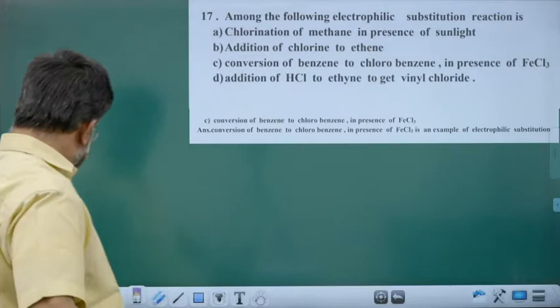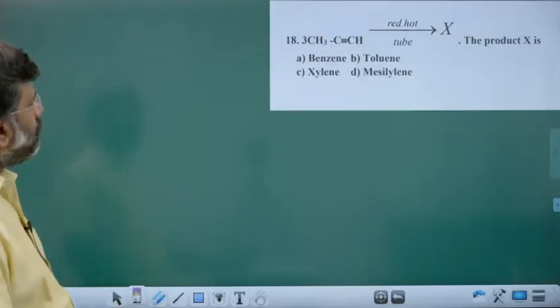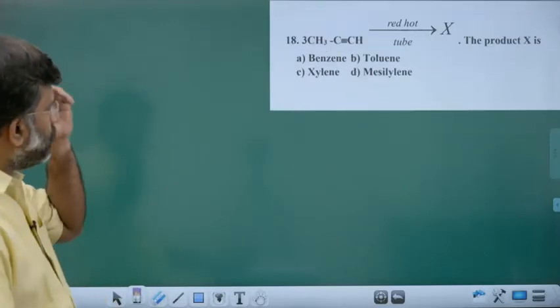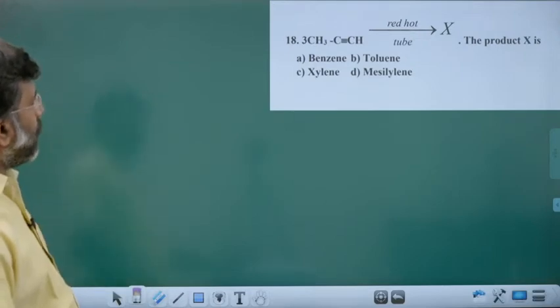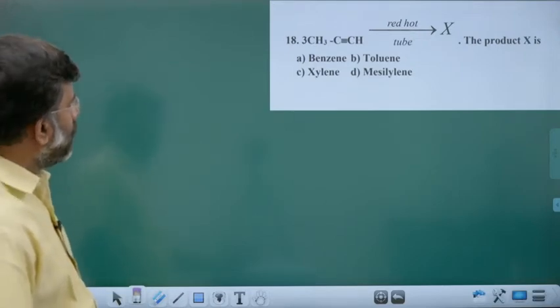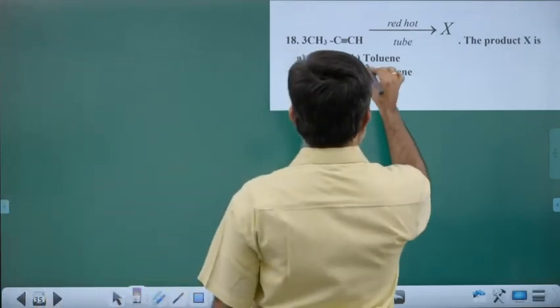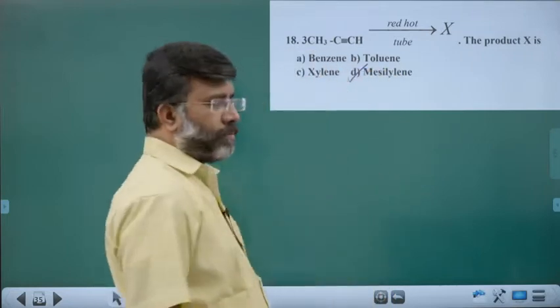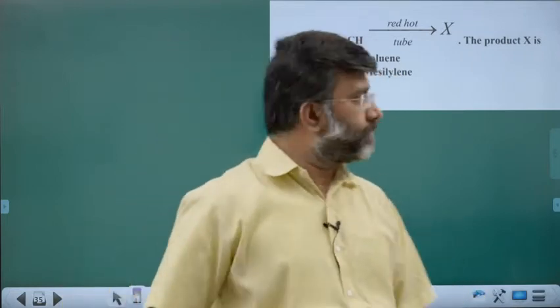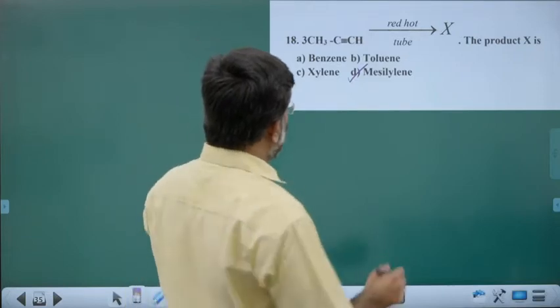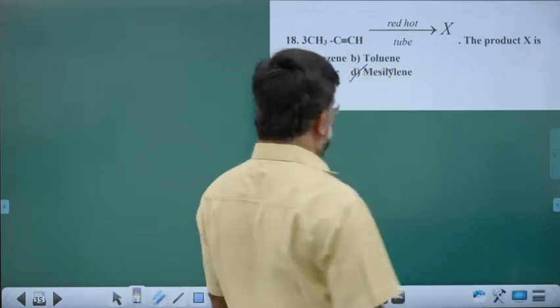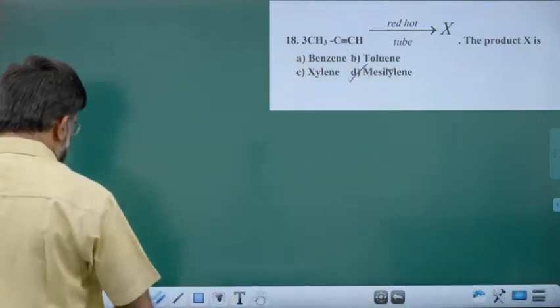Next. Propyne through a red hot iron tube. Ethyne gives benzene. Propyne gives mesitylene. This is the reaction.